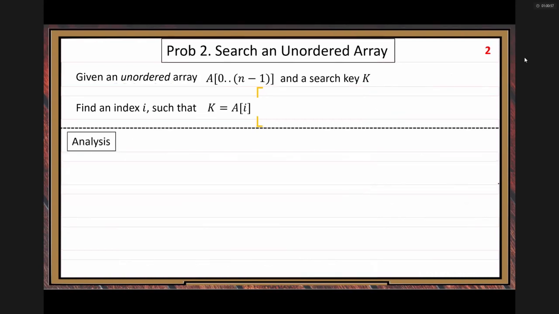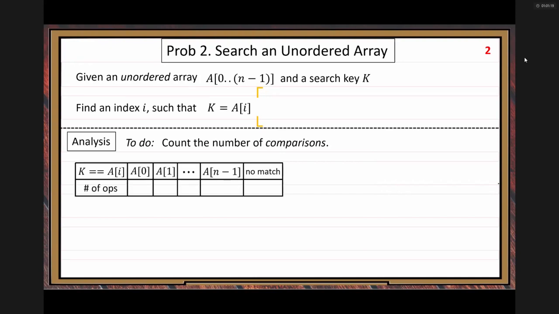All right. Next, we want to look at the efficiency of the algorithm. What we need to do here is count the number of comparisons, the basic operations. How many do we need? All right. Here, let's look at all the possible cases.